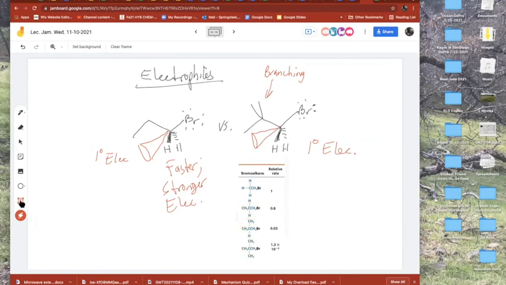So these are all primary, but the branching changes the rate. Hopefully that's making sense. With no branching, less steric hindrance, reacts fastest, and then these guys react slower relative.